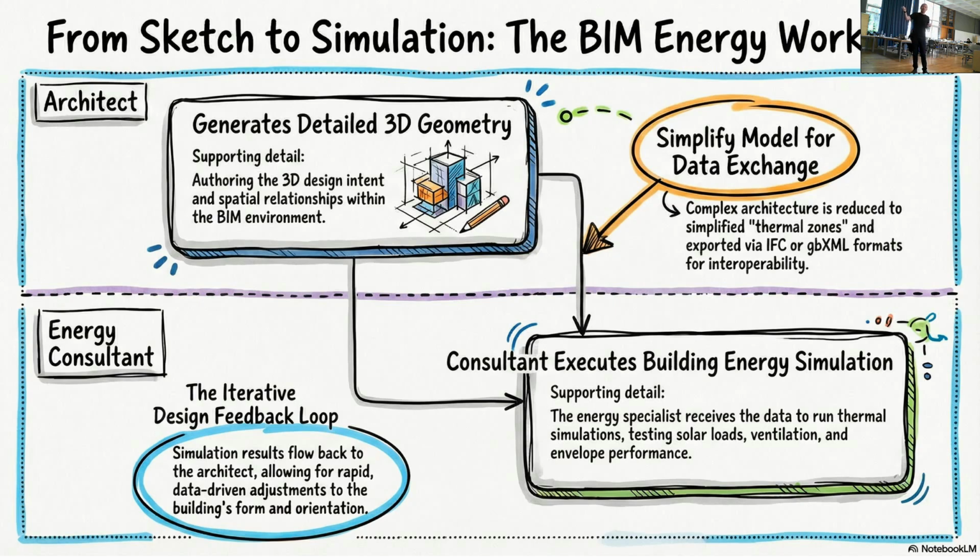It could be IFC, okay, or it could be gbXML, okay, and then the consultant does the iterative design feedback. So the architect does something, sends it to the consultant, who runs the energy analysis, then sends it back to the architect. So there is this exchange between the architect and the energy consultant continuously so that the project is reducing its energy requirements. Okay, so that's the idea.